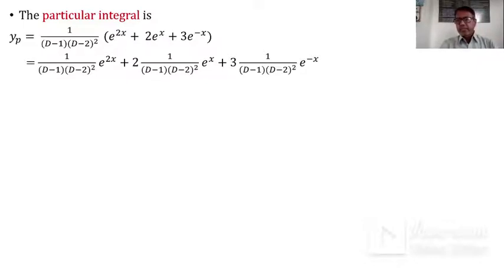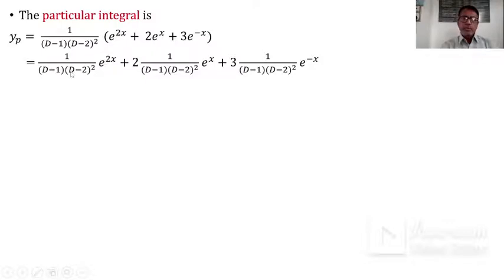We obtain this step. Now we want to operate 1 upon (D minus 1)(D minus 2)² on e^(2x). Now here in this denominator, if we substitute D by 2, then what happens? This term becomes 0.